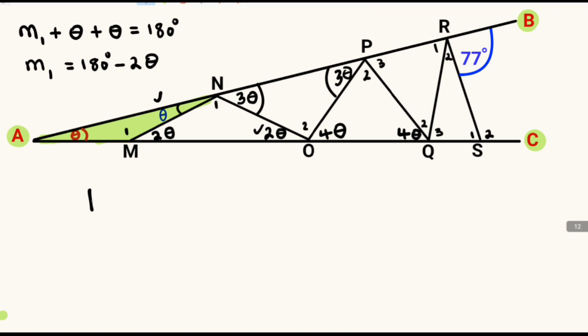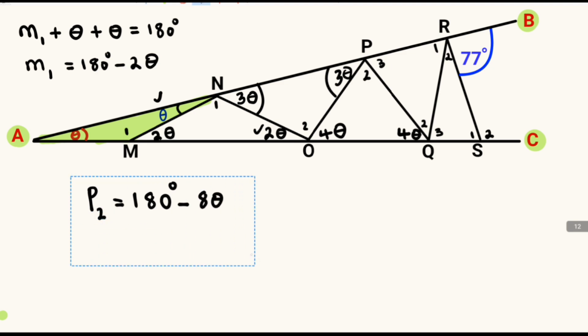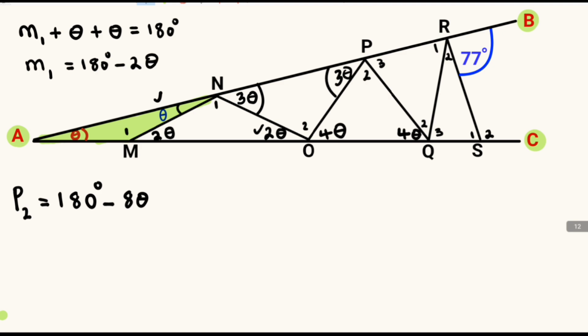And now we move on to determine P2, and we use the fact that all the angles inside a triangle add up to 180 degrees. So our P2 will be equal to 180 degrees minus 8 theta. We move on to determine P3, and we use the fact that the angles on a straight line equal 180 degrees. So our P3 will be equal to 180 degrees minus P2, which we determined as 180 degrees minus 8 theta.